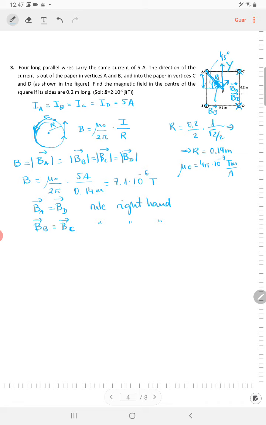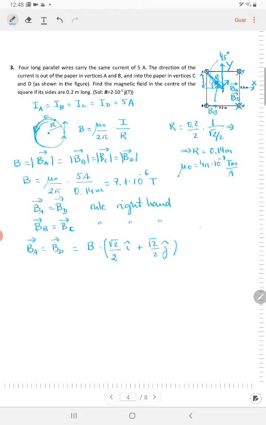So I'm going to place the y-axis and here the x-axis, and they're going to compensate. So for B_A, which is equal to B_D, as the angles are 45 degrees, it's easy to see that these two have to be equal to the modulus times this for i and this for j, because they both have a positive sense.